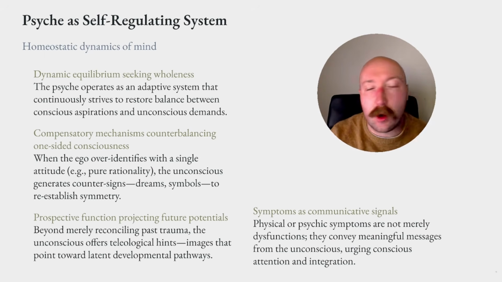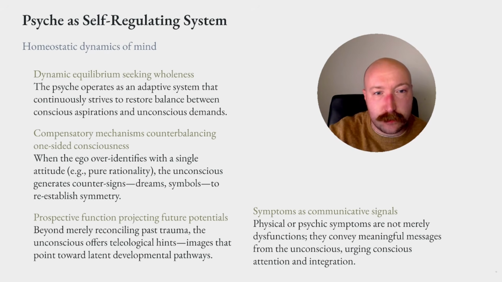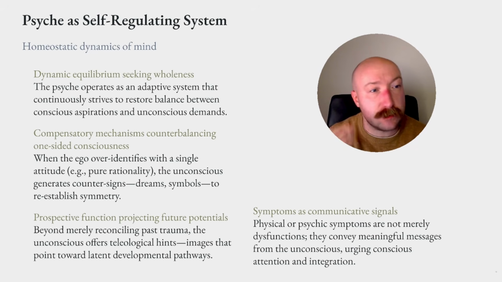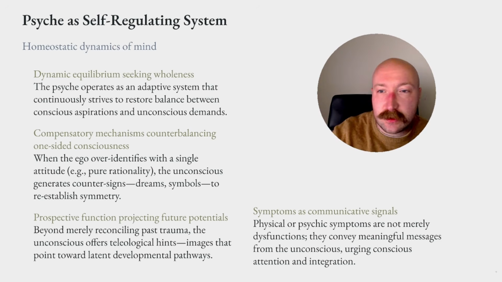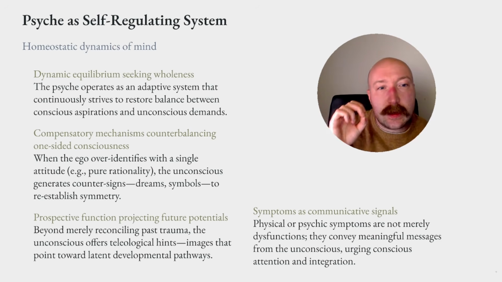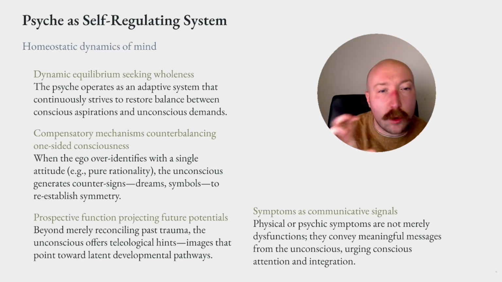It's seeking wholeness. It operates as that adaptive system that continuously strives to restore balance between conscious aspirations and unconscious demands, unconscious ruptures, symbolic invasions even. And this compensatory mechanism, and we'll get to compensation a bit more in depth, is counterbalancing one-sided consciousness.